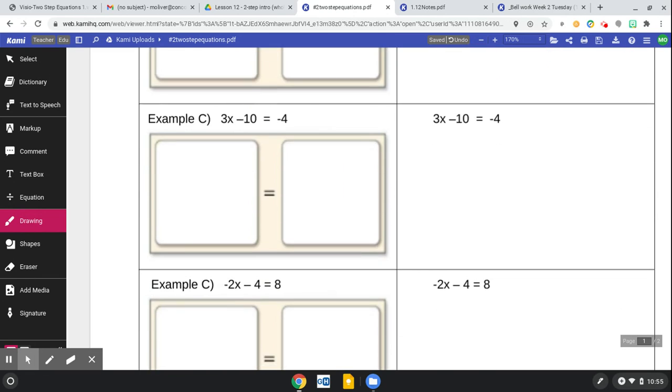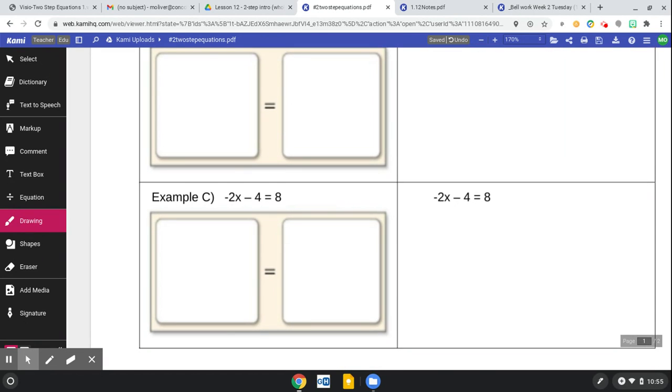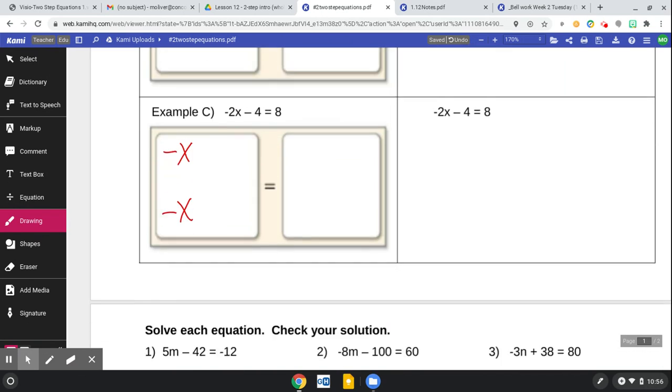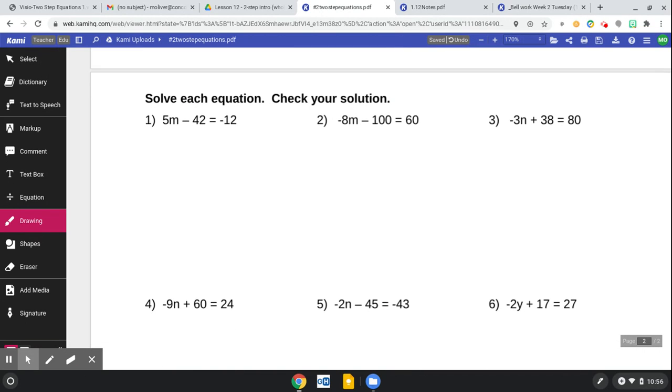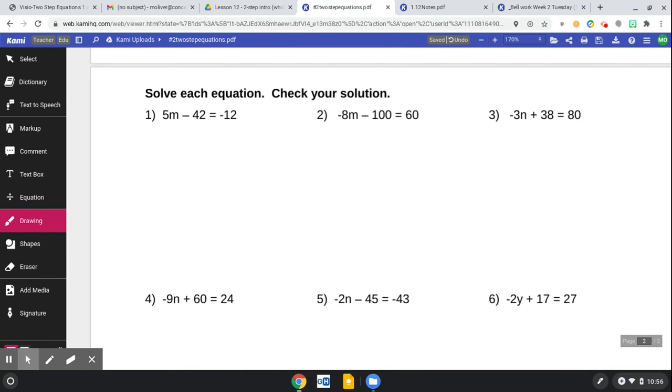Okay, you just wash them with some negatives. Remember, these x's are going to be negative x's. Okay, so to get rid of that negative, you got to turn everything to the opposite. All right, let's look at our equations here.